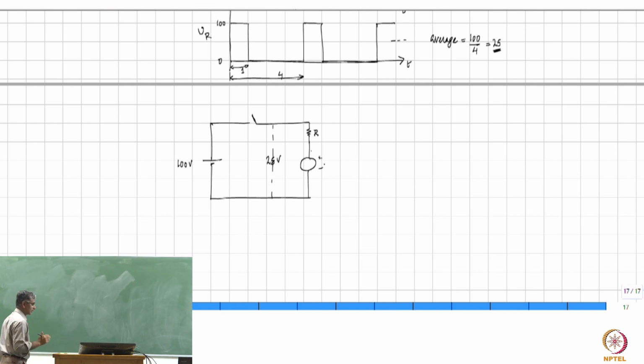So if that is the case, what will be the waveform of the armature input current that flows? Let's say that this is equal to a voltage of 20 volts and my armature resistance is equal to 0.5 ohm.